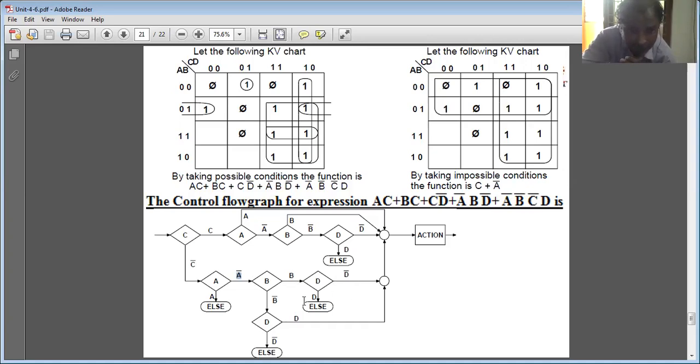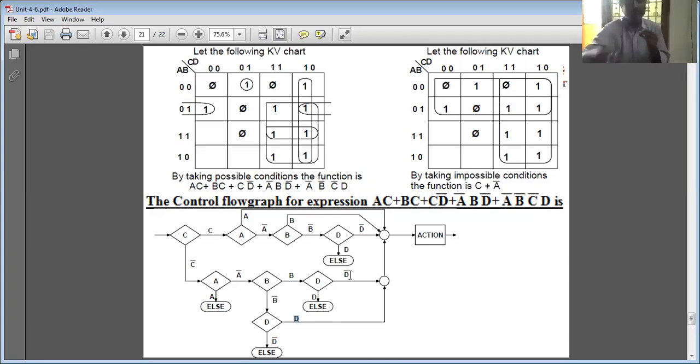Then A bar, B bar, C bar, D. A bar is there, B bar is there, C bar D, C bar D. A bar is there, B bar is there, D is there. So C bar is there, A bar is there, B bar is there, D is there.